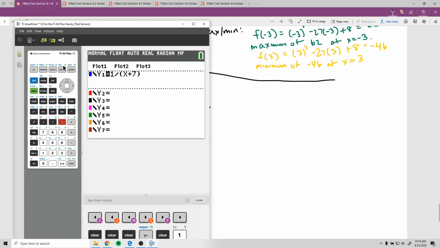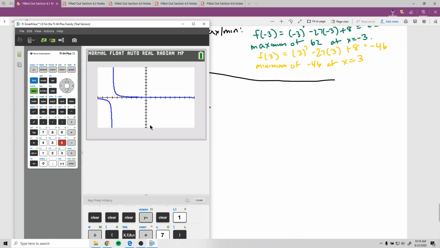Remember, the critical numbers aren't in the domain, so we're just going to hit zoom 6. And you can see what happens here at negative 7. That's where we have a vertical asymptote. It's not actually on the graph. Since it's not actually on the graph, it can't be a maximum or minimum. So that's why we have a requirement that it must be in the domain.